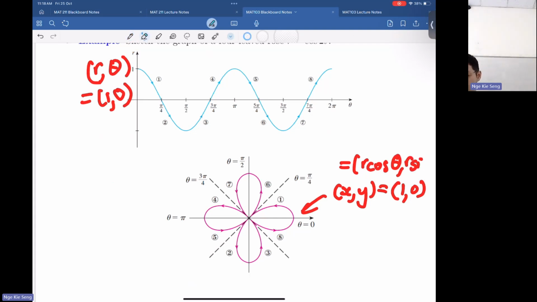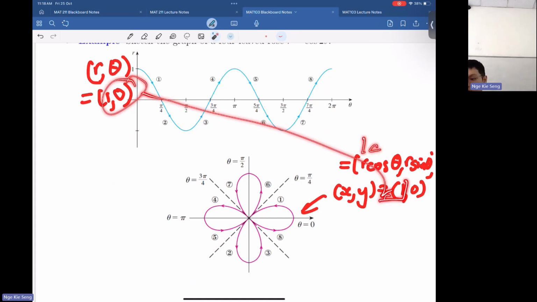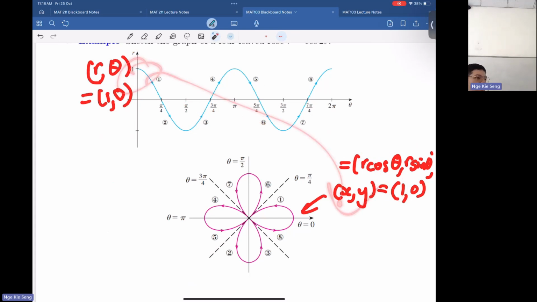It turns out that they are the same coordinate. You need to compute, it's not just bringing the 1, 0 down here. Because 1 cos 0 is 1, and 1 sine 0 is 0. Don't simply convert the point like that, you will be very wrong.